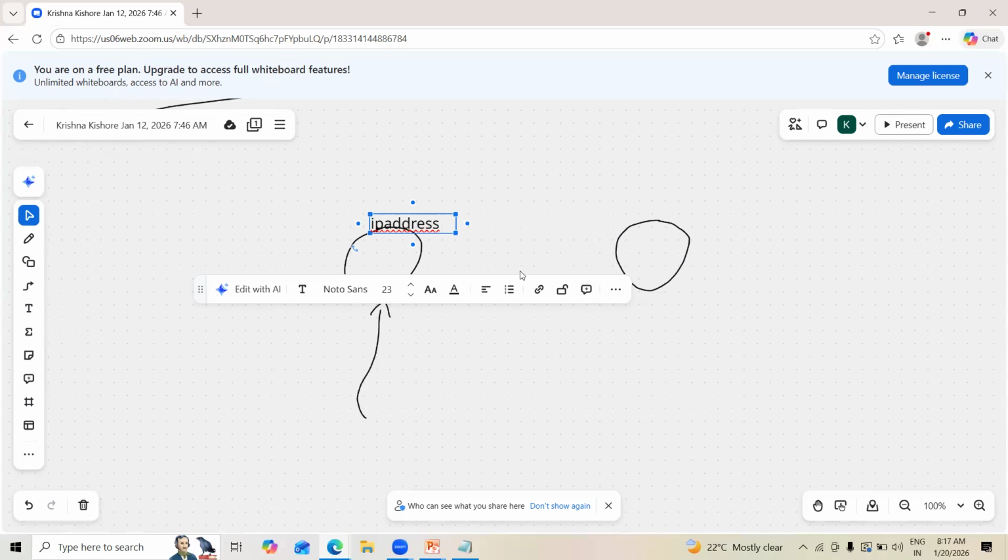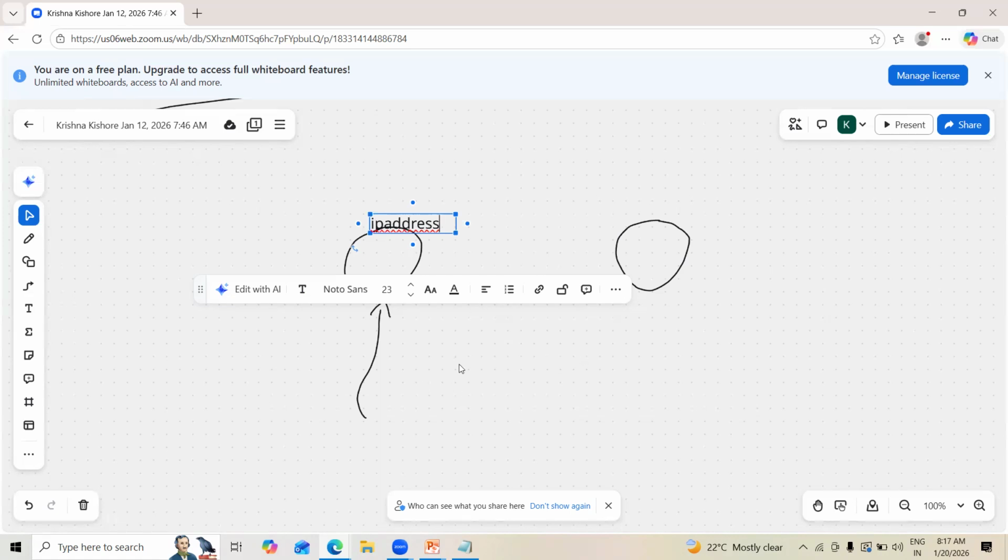Yes, an IP address is mandatory for any device, whether it is intranet or internet. Without an IP, we cannot connect. It is the identity of that particular service, whether it is a firewall or anything else.